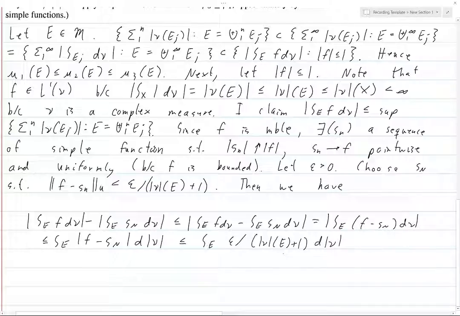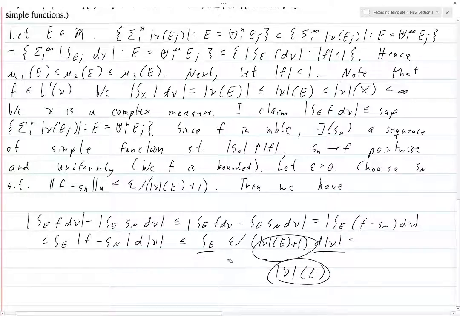But this is a constant that's just going to come out. When this constant comes out, what's left is the integral over E of d nu, and that's just nu of E. But that's going to cancel with this thing, and so what we're going to end up with is that this is less than or equal to epsilon.